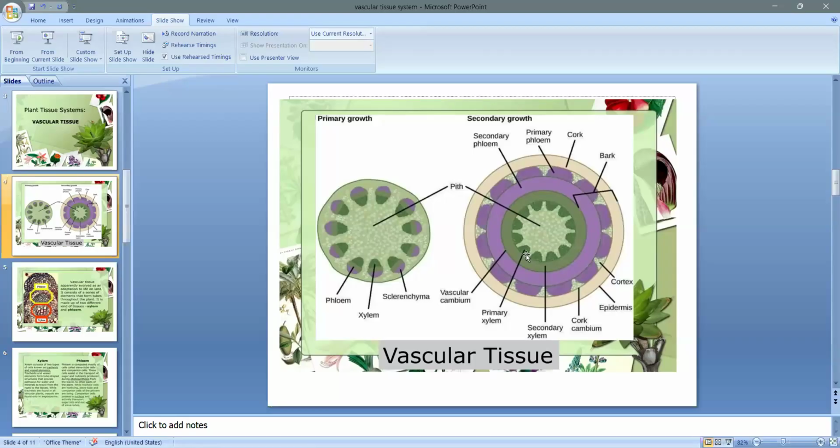It consists of reticulate and pitted vessels and some tracheids. The vessels of metaxylem have bigger and wider cavities. Depending upon the position of protoxylem in relation to metaxylem, the primary xylem is of three types: exarch, endarch, and mesarch.